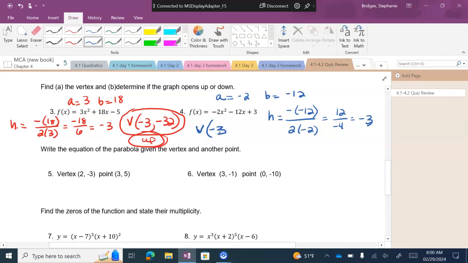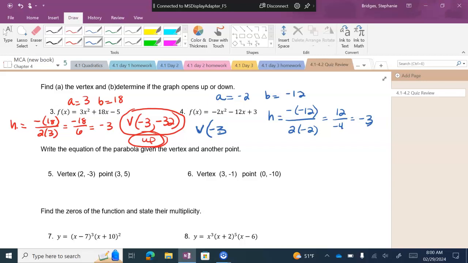Okay, so we're going to plug it in this time. Let me just change the numbers. So this time it is negative 2 out front minus 12 times x plus 3. And again, if you're not good with the simplifying, let the calculator do your work. Negative 2 times 9 is negative 18.